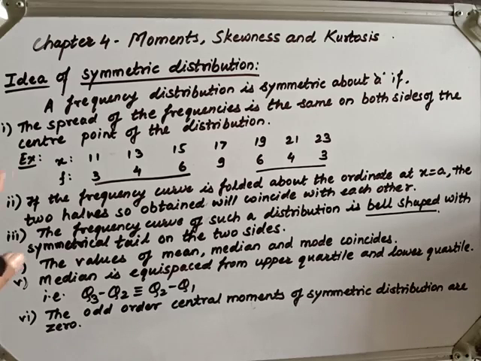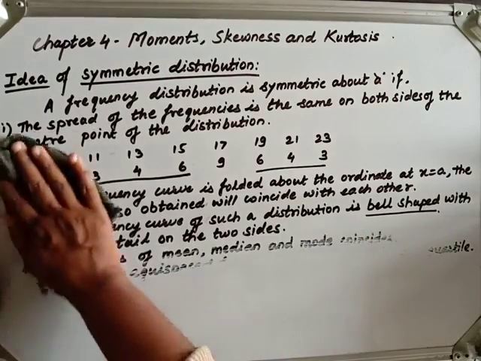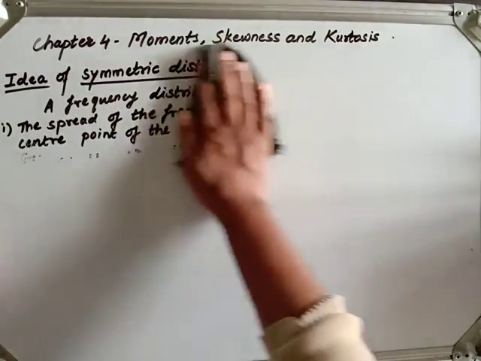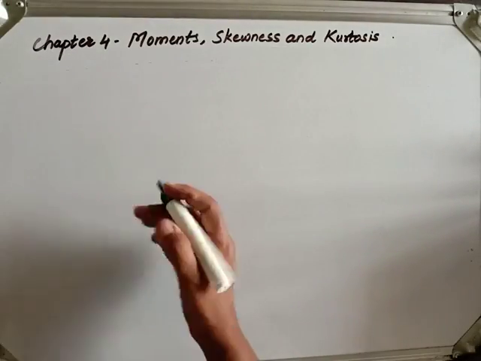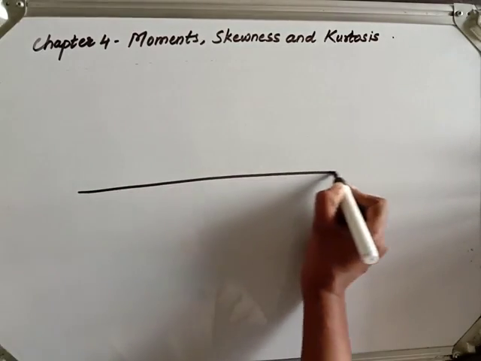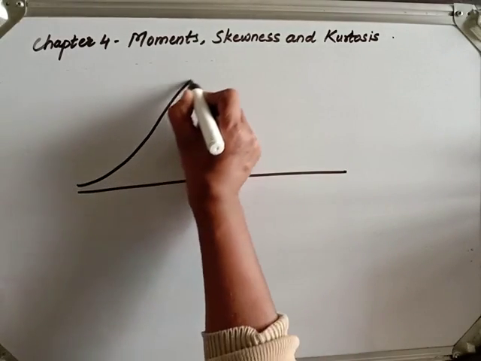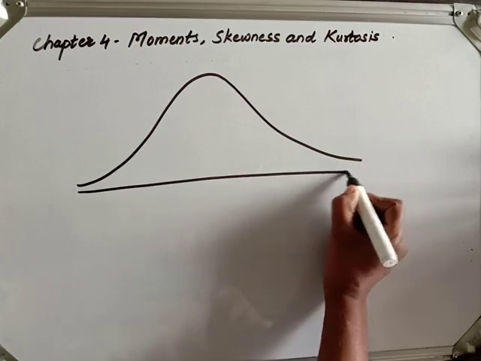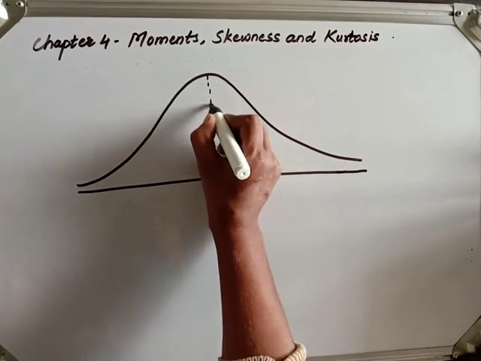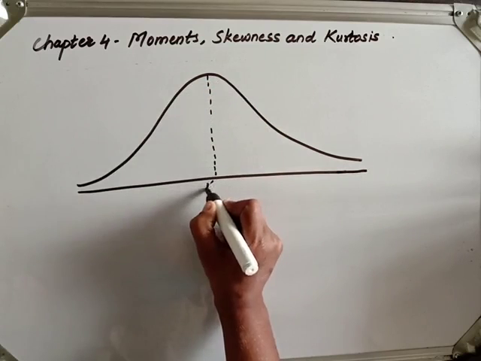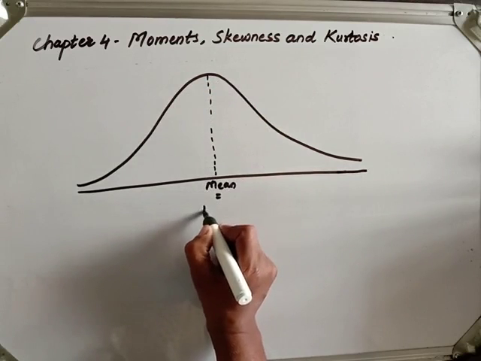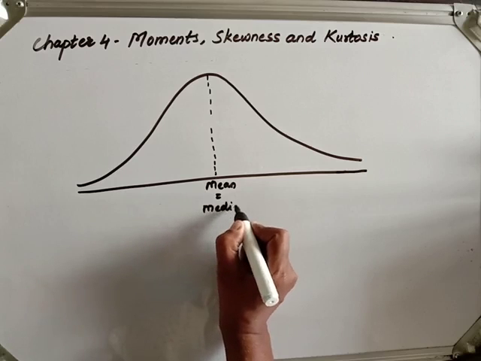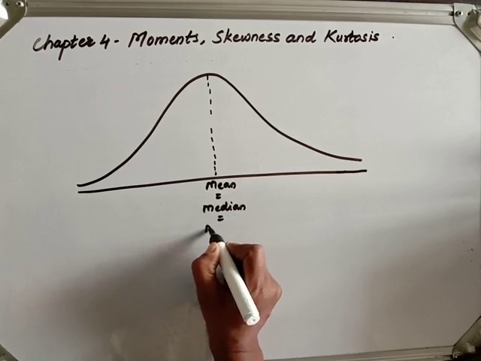So let me give some examples of symmetry and also the graph of a symmetrical curve. The graph of a symmetrical curve, as we say, is bell shaped. It is the same on both sides. Here the mean is equal to the median, and that is equal to the mode.